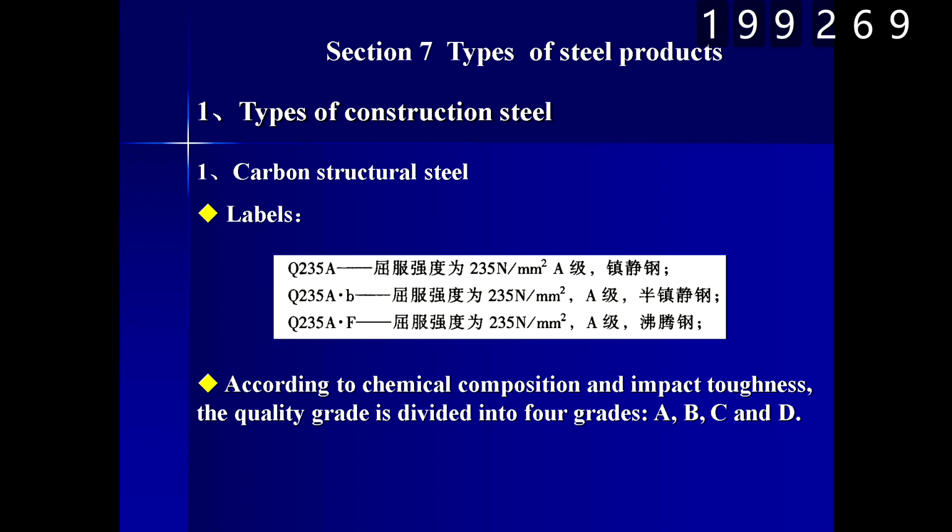Then according to the chemical composition and other effects, the quality grade is divided into four levels: A, B, C, D. You can see Q235, A level.